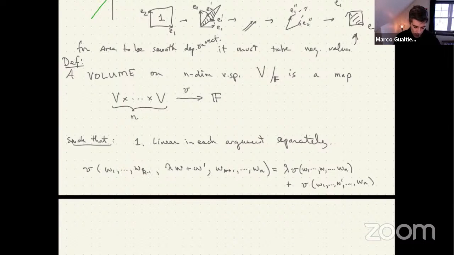And this is for all k. So it should be linear in each entry.